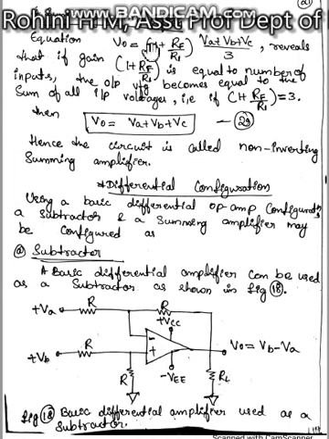What is the condition to get the sum of the input voltages? This gain should be equal to the number of inputs. Here we have taken the example of a 3-input non-inverting summing amplifier, so the equation is Va plus Vb plus Vc by 3. If 1 plus Rf by R1 is 3, then the numerator 3 and denominator 3 cancel and V out is given as Va plus Vb plus Vc, the sum of the 3 voltages.